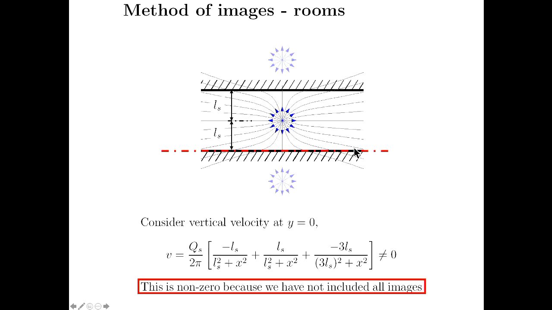The reason is because we actually have not included all images. If I have a look at this boundary at the bottom here, how many images do you think I should actually have? I have one source here and another source here, so I should have two sources.